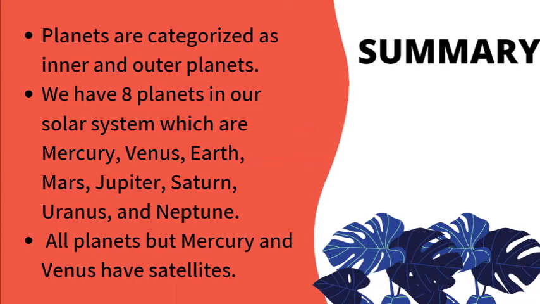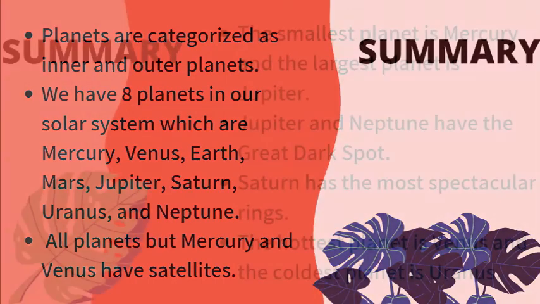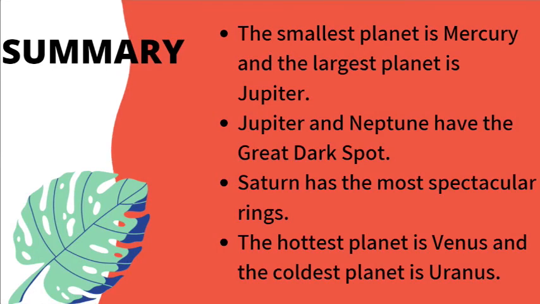Third, all planets but Mercury and Venus have satellites. Fourth, the smallest planet is Mercury and the largest planet is Jupiter. Fifth, Jupiter and Neptune have the great dark spot. Sixth, Saturn has the most spectacular rings. Seventh, the hottest planet is Venus and the coldest planet is Uranus.